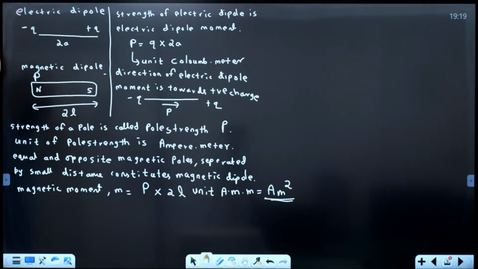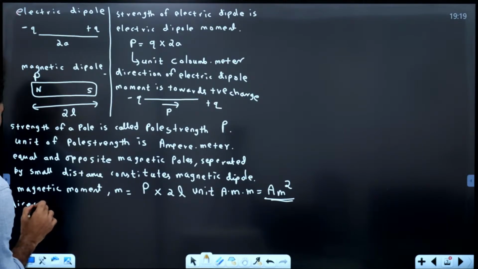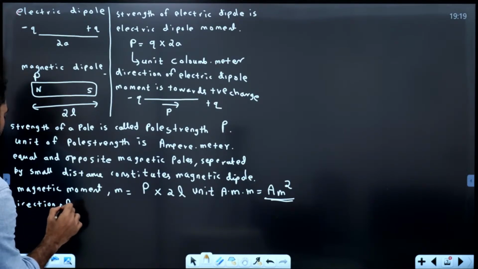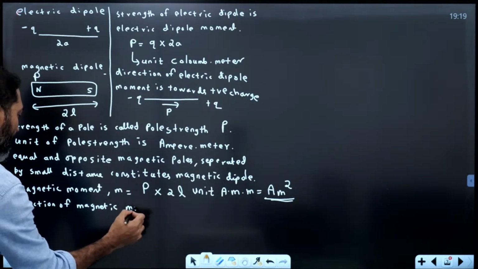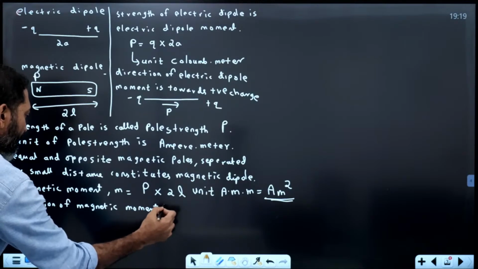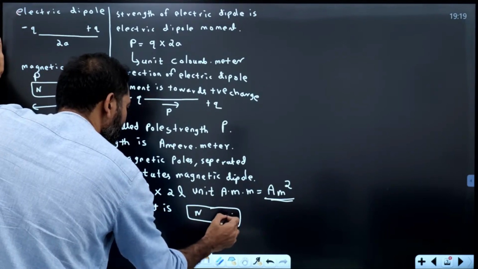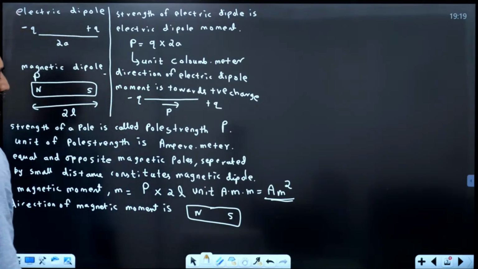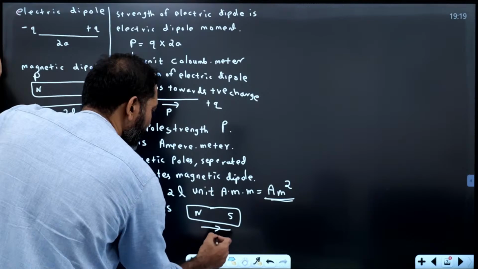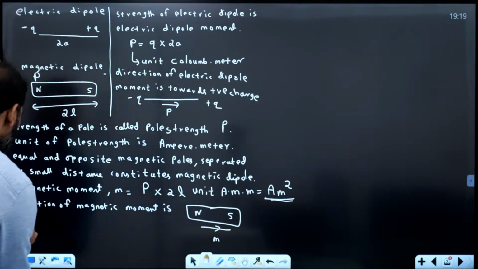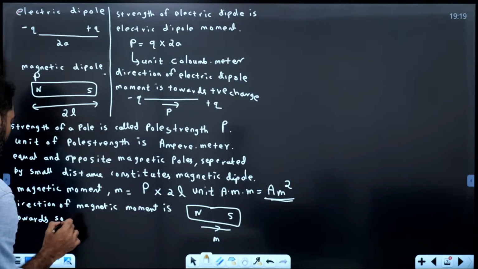Then the direction of magnetic moment: north, south. Direction of magnetic moment is what? Towards the south pole.